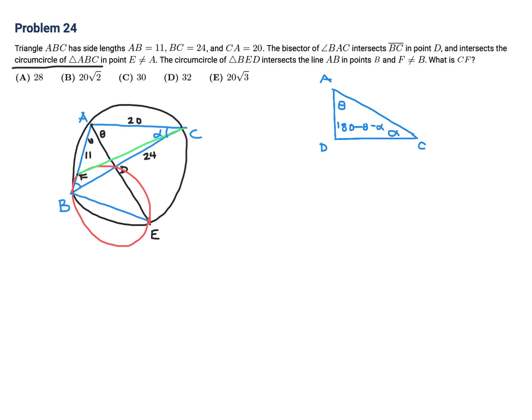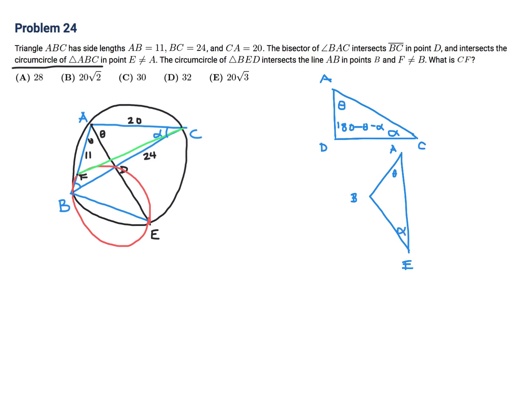And then let me draw another one, that ABE triangle. ABE, and that's theta, and this angle here is alpha.